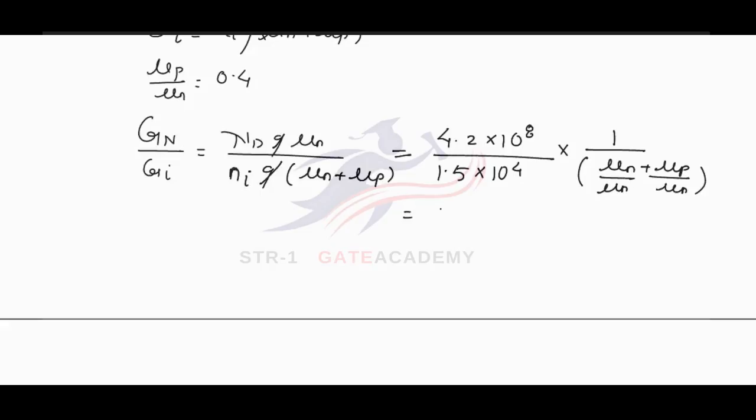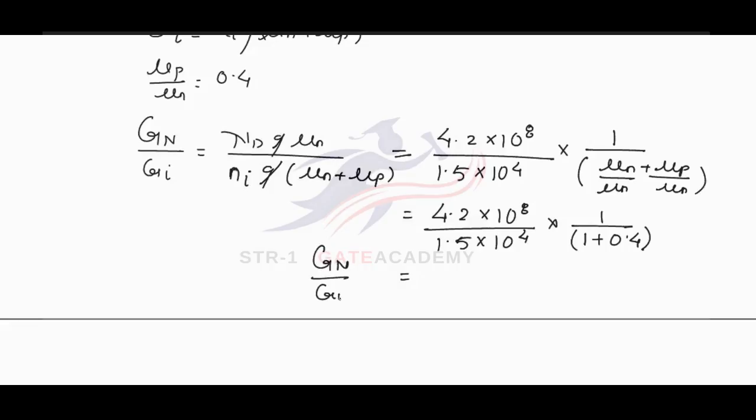So we can write it as 4.2 into 10 raised to power 8 divided by 1.5 into 10 raised to power 4 into 1 upon 1 plus 0.4. Solving this, we get Gn upon Gi equal to 20,000, which was in the options. Gn upon Gi equal to 20,000.